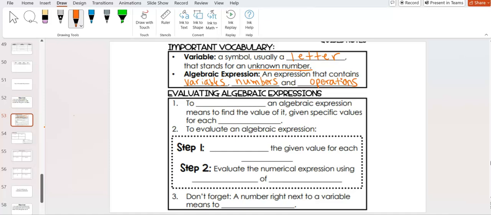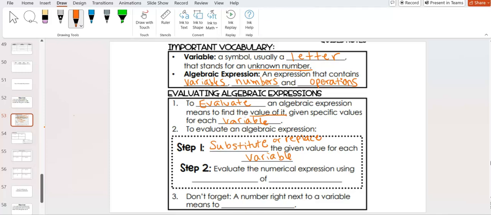Okay, to evaluate an algebraic expression means to find the value of it, given specific values for each variable. To evaluate an algebraic expression, step 1, we are going to substitute or replace the given value for each variable.